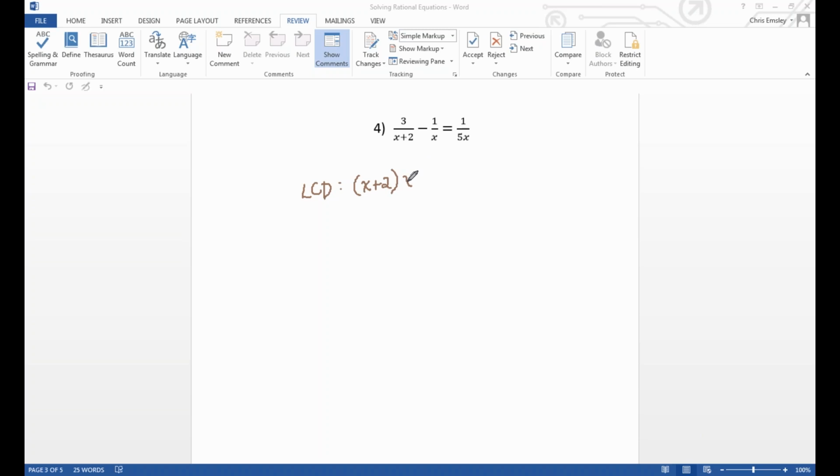We need to include an x, and we need to include a 5. That x in the last one, that's already covered by this x, so there's our LCD. If we want to write it in a more traditional order, it could look like this.